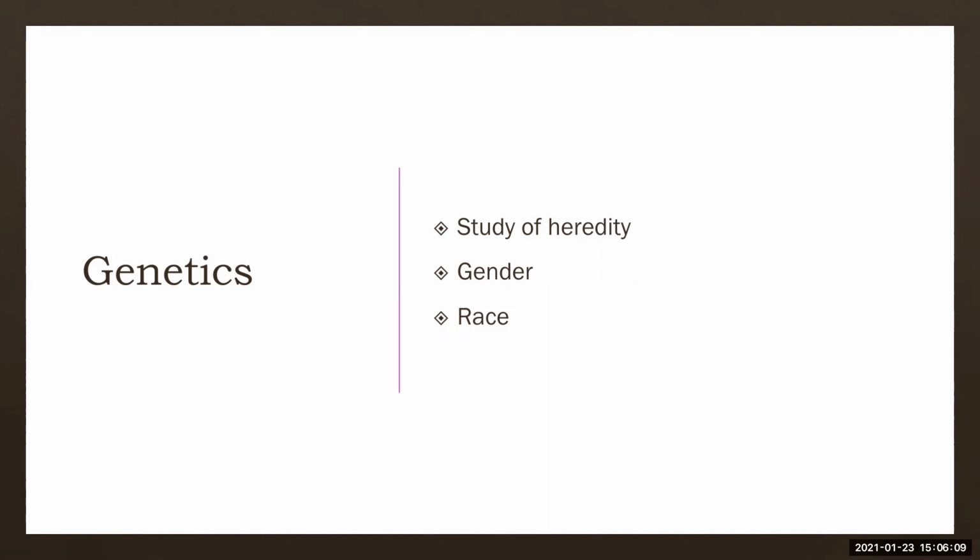For example, there's a 50-50 chance of having a boy with each pregnancy, regardless of how many boys or girls the family already has. Similarly, there are certain genetic diseases that are more common in one gender over another, such as hemophilia being more common in males, and certain diseases that are more common in specific races, such as sickle cell anemia being more common in African Americans.